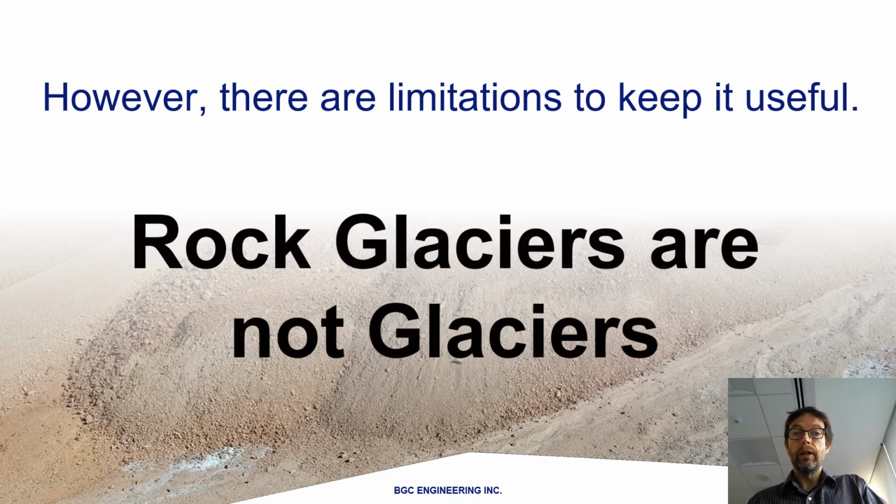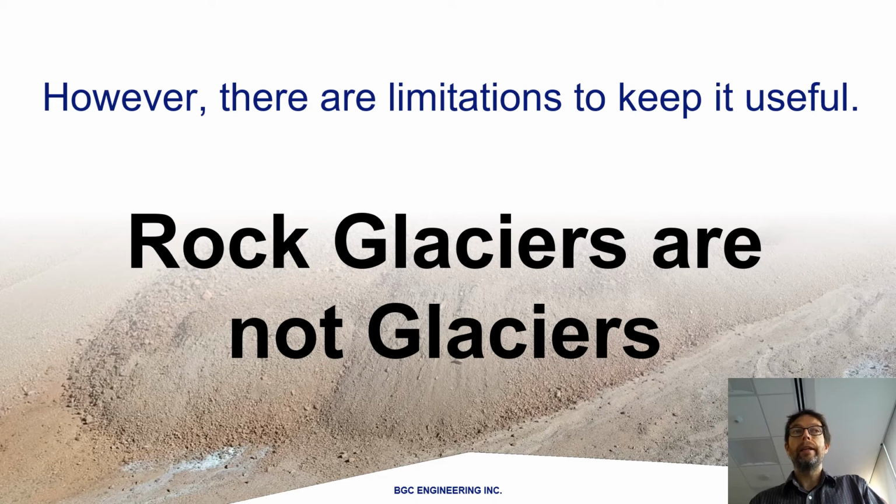First of all, I just want to hammer it in again that rock glaciers are not glaciers. Quite honestly, I still do not understand why rock glaciers are included as part of glacier inventories. They should not be. A rock glacier is not a glacier, and therefore it should not be part of a glacier inventory.